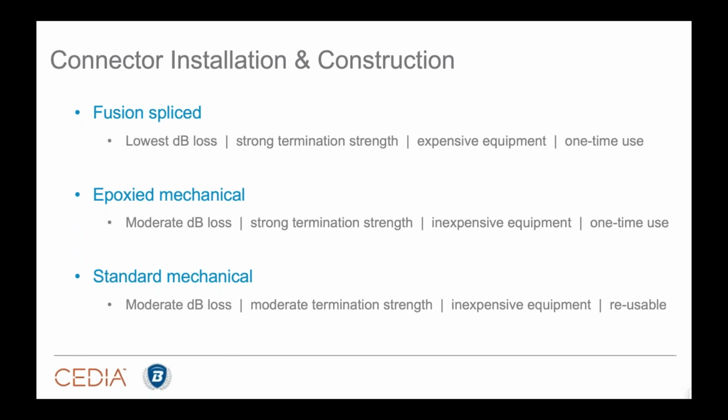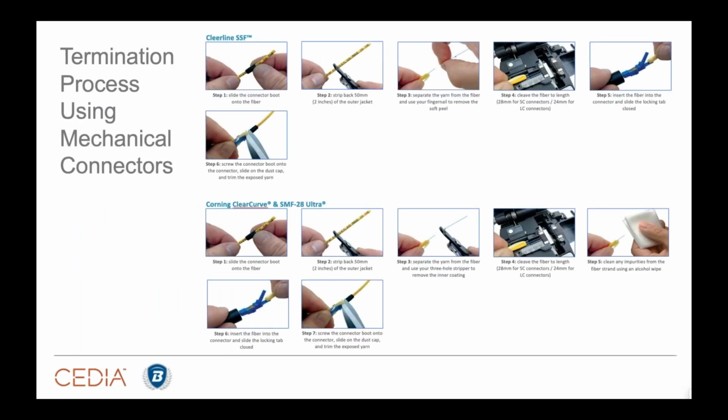In fact, you can put a lot of mechanical connectors together in a run of cable, and you're going to be in good shape. Okay, so there are two or three different ways we approach putting these connectors onto that cable, and there are pros and cons to each way. Now, the process to terminate is largely the same depending on the connectors, as I mentioned before.